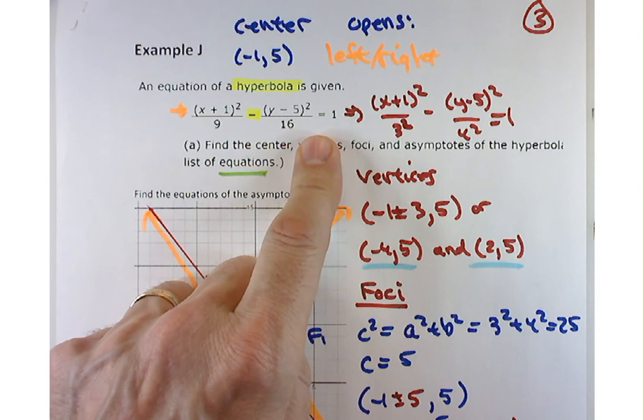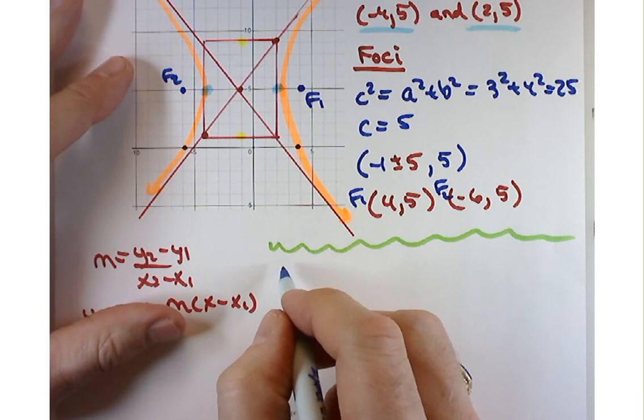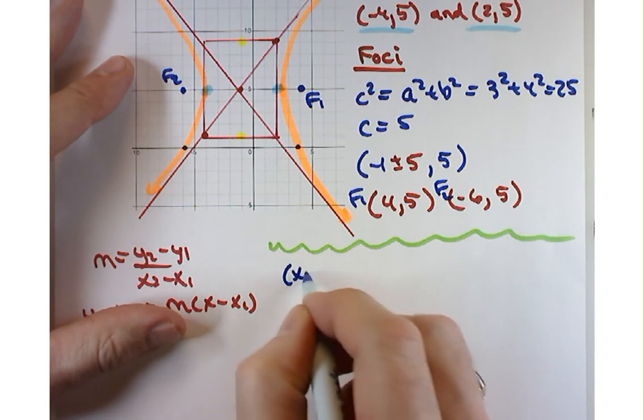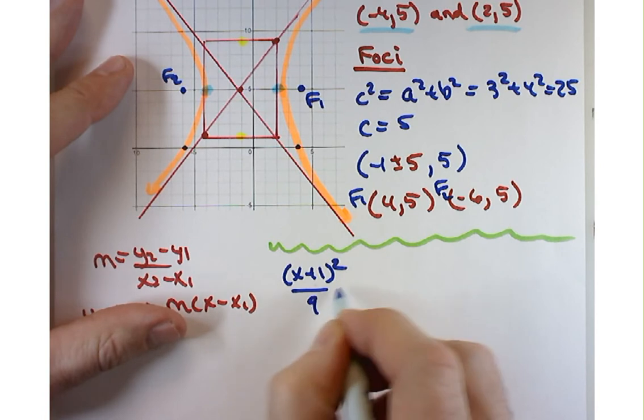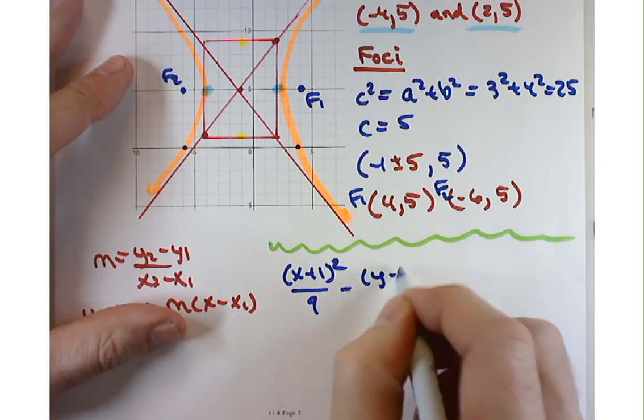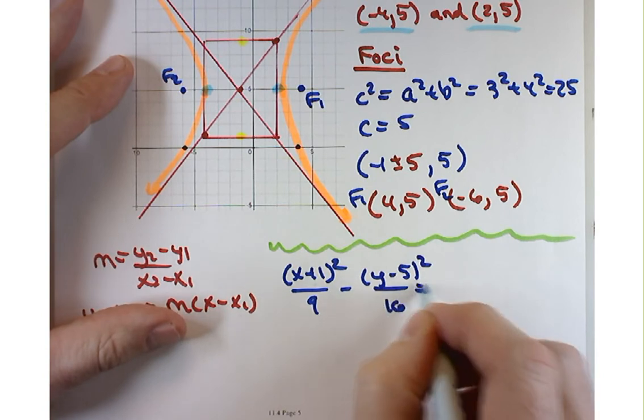So let's see what's involved in that. If we do that, then it's going to be (x plus 1) squared over 9 minus (y minus 5) squared over 16 equals 0.